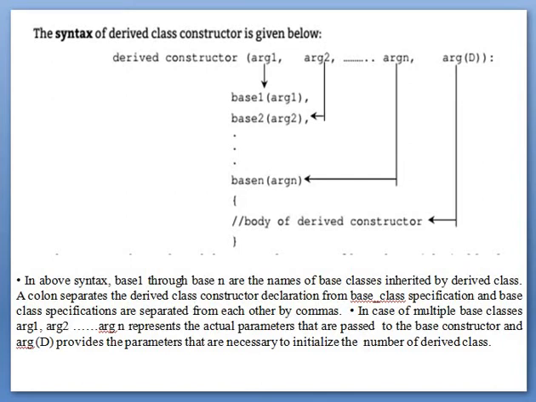The colon separates the derived class constructor declaration from the base class specification, and base class specifications are separated from each other by commas. This is the argument of base class 1, this is the argument of the second class, and like that, all arguments of the base classes are separated by commas.